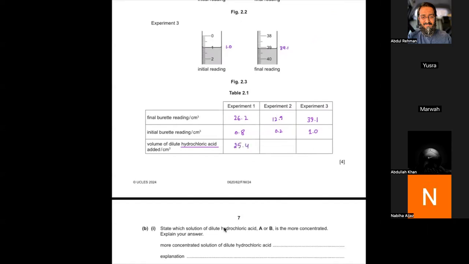In the second case, 12.7. And in the third one, 38.1. I hope till here it's clear to all of you. Yes, sir. Okay.